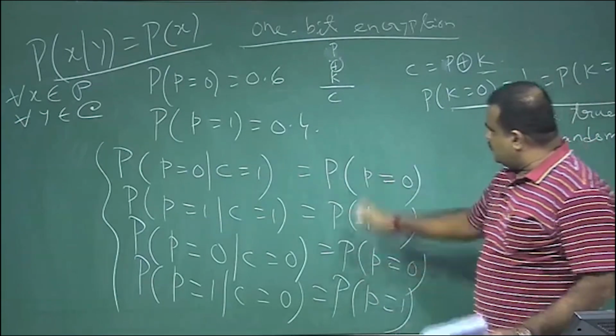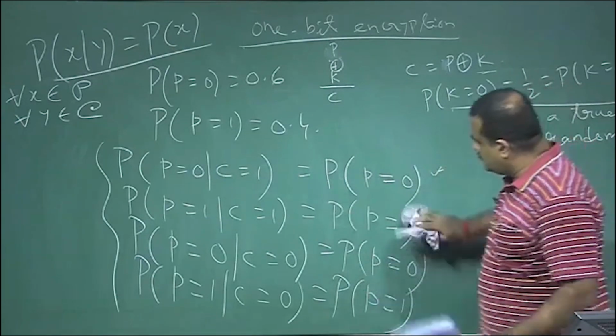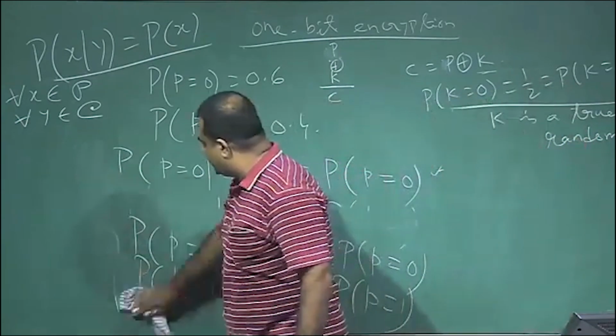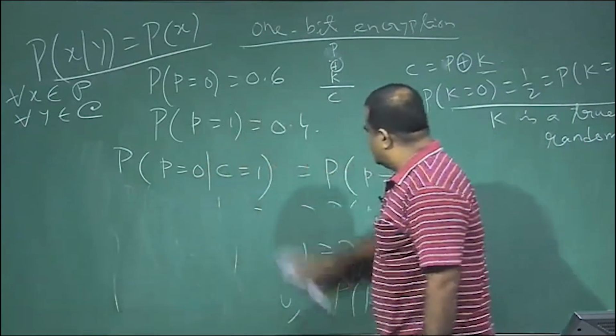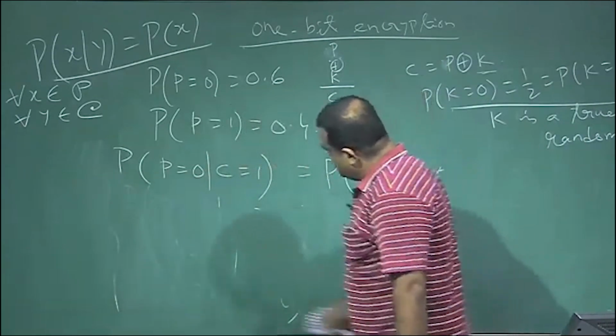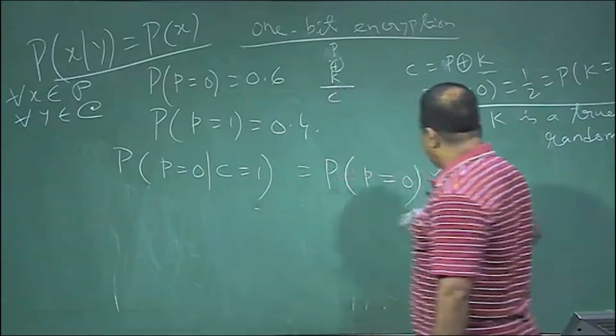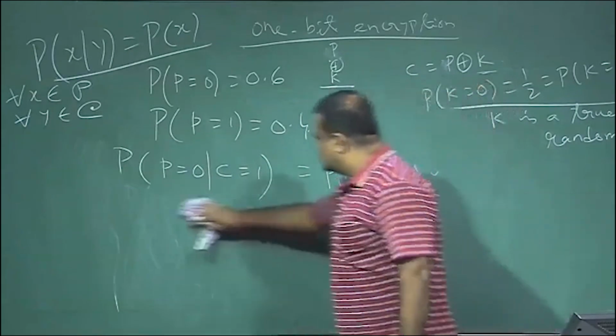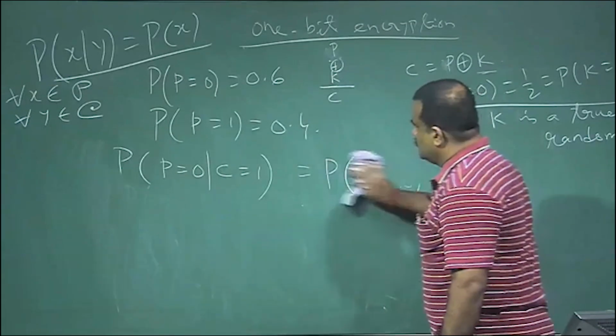We will try to prove only one, and the remaining you can try at home. Let us prove this one, the probability of P equal to 0 given C equal to 1.